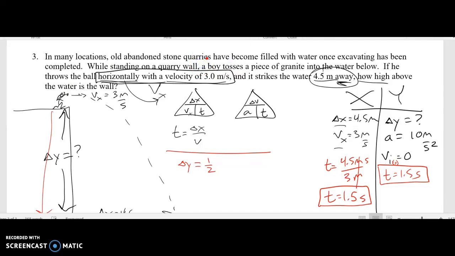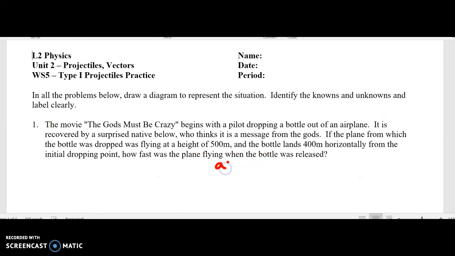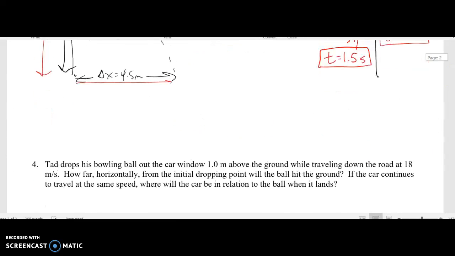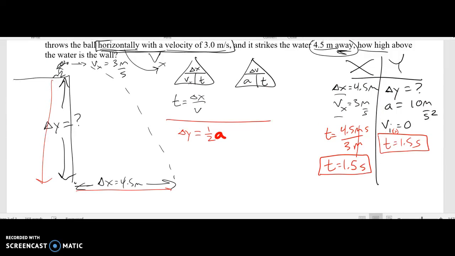We know that delta y is 1/2 a t squared.